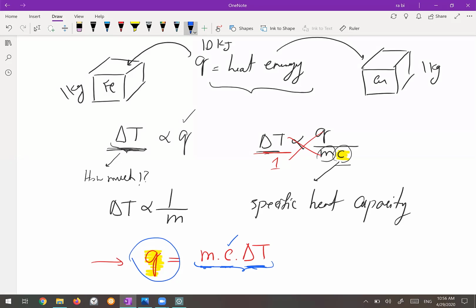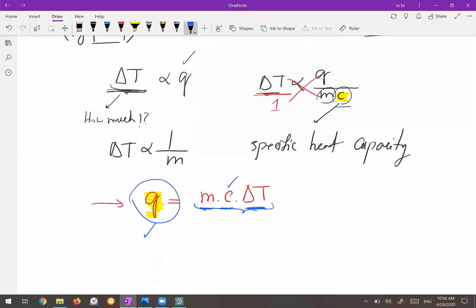Okay, but I want to talk about the sign of this one, the sign of Q. You know that the mass is always positive. The specific heat capacity is positive, but the delta T can be positive and it can be negative. Positive means the temperature of the substance has increased. Negative means the temperature of the substance has decreased. Okay. So if the temperature change is positive, Q also becomes positive.